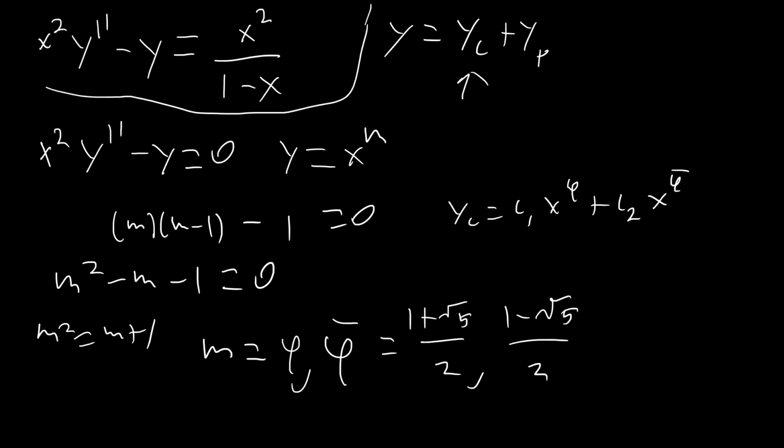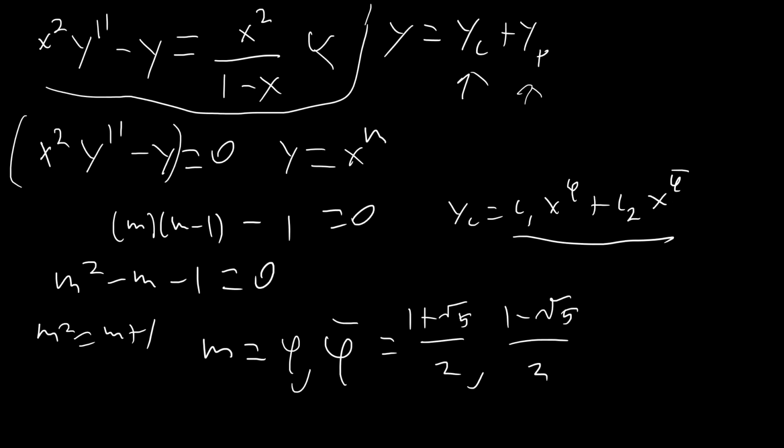The reason we have to include this yc is because once we find a yp, a particular solution to this differential equation, if we add these solutions in any form, they won't affect the value of x squared y double prime minus y, because they cause that to be equal to 0. So once we find any one solution to the original differential equation, we also have to add back in these other constants.